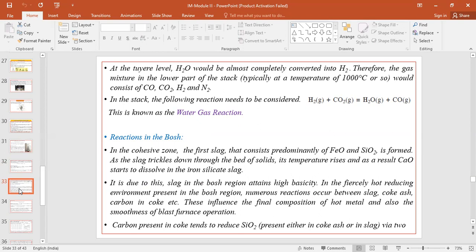So in the stack part, this is the reaction which takes place. The H2 that is formed in front of the tuyeres travels upwards, and that H2 gas interacts with CO2, because at the lower temperatures in the stack part of the blast furnace, CO2 is highly stable.